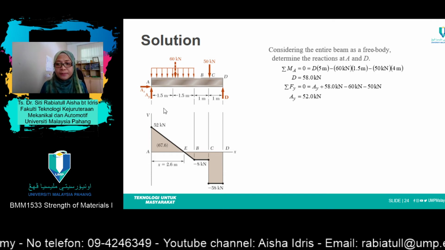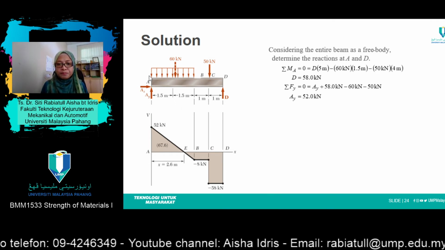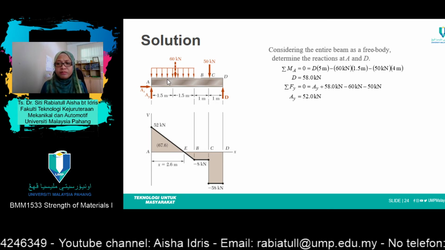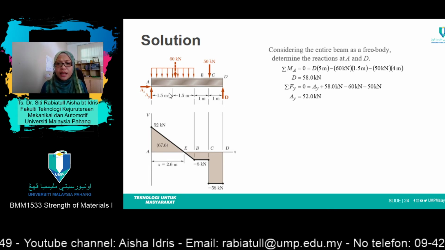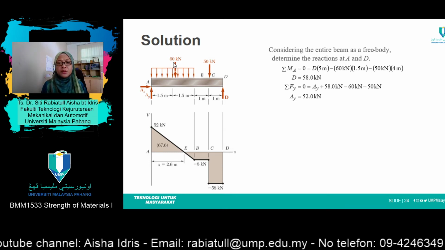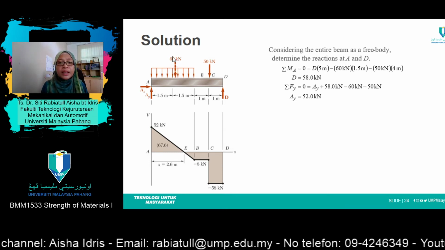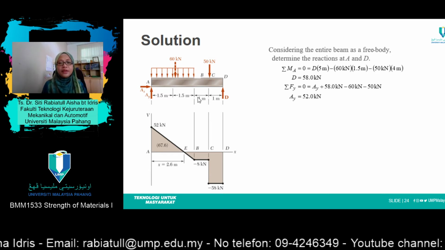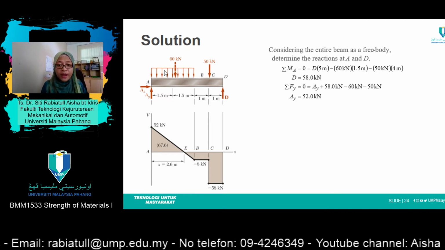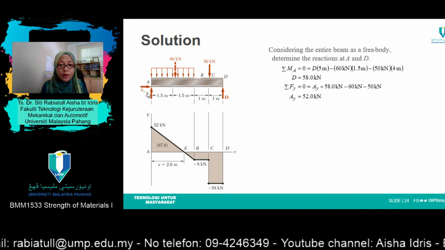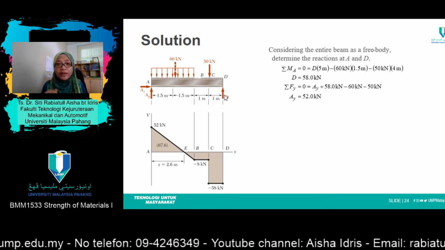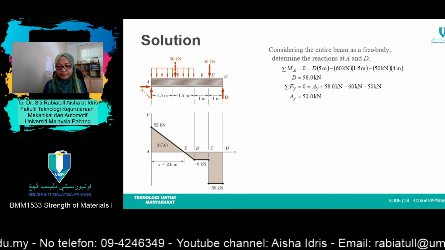For this case, 20 times 3, so equals 60 kilonewton, and it is located in the middle of that section. Only then may you find the value of the reaction force at point A and also point D. Otherwise, it is very difficult for us to find those reaction forces.